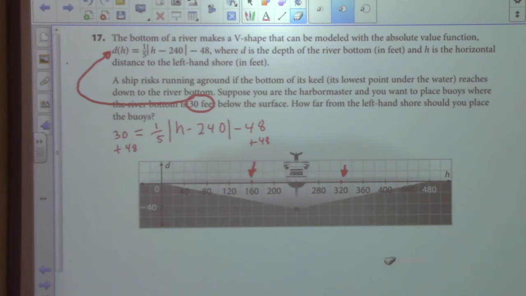What went wrong here? I want somebody to tell me. Is the 30 in the wrong place?